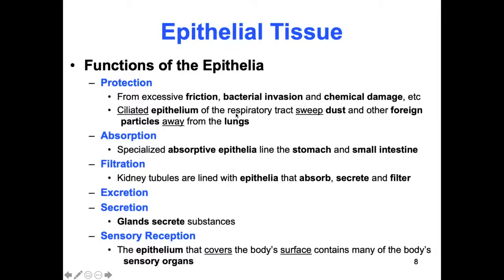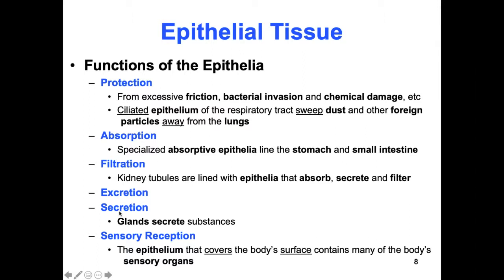These cilia can beat rhythmically, so we'll see them in the respiratory tract to sweep dust and other foreign particles away from the lungs. Absorption. We have epithelium in the digestive tract that helps us absorb nutrients from the stomach or the small intestine.